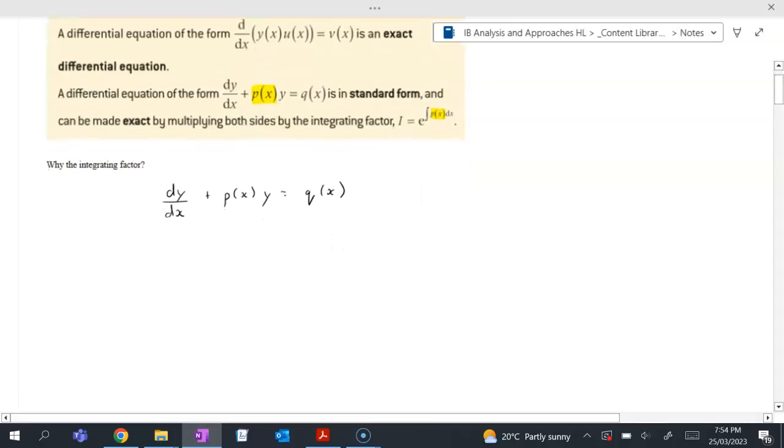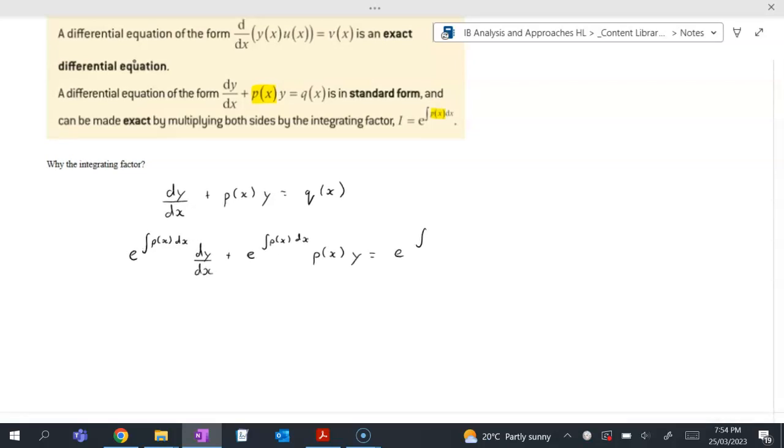Now, I'm going to multiply both sides by this integrating factor, which means I've got e to the integral of p of x dx times dy/dx plus e to the integral of p of x dx times p of x times y equals e to the integral of p of x dx times q of x.